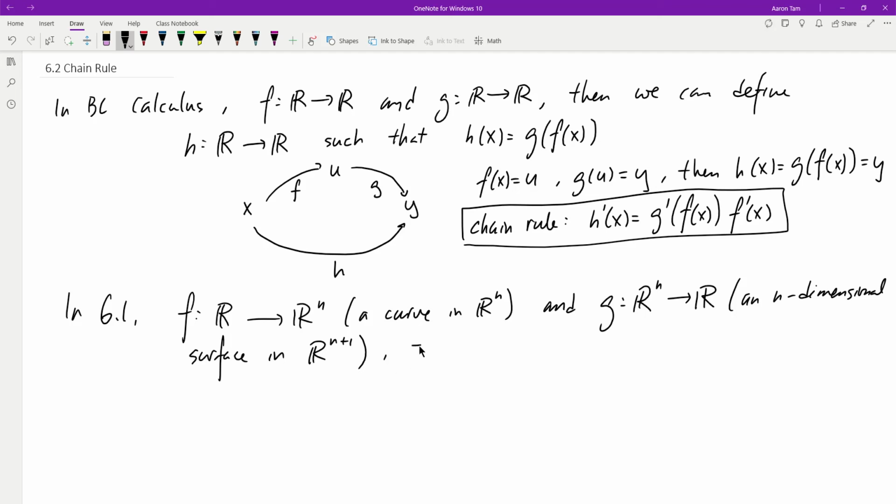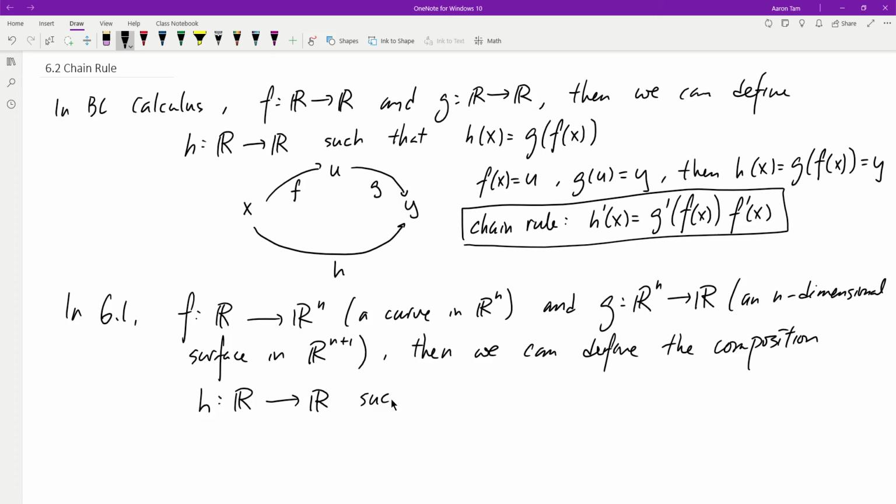Then we can form the composition h this way. h would map from R to R also, such that h of t is equal to g of f of t.